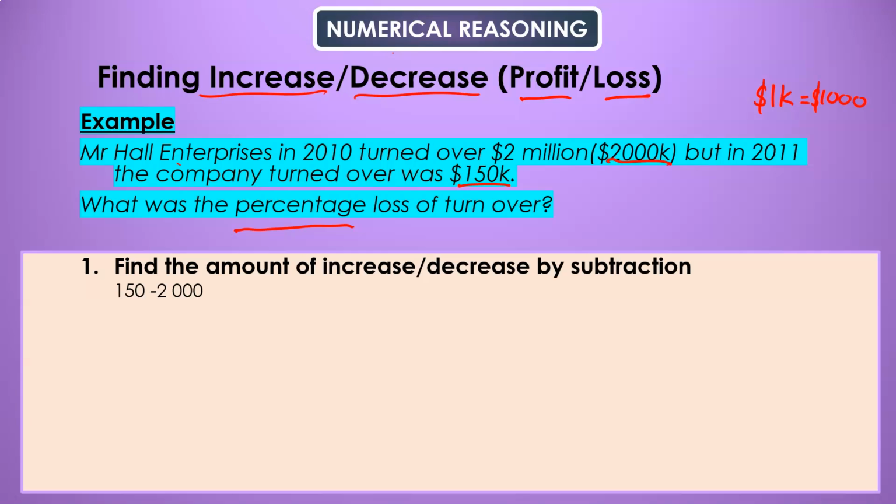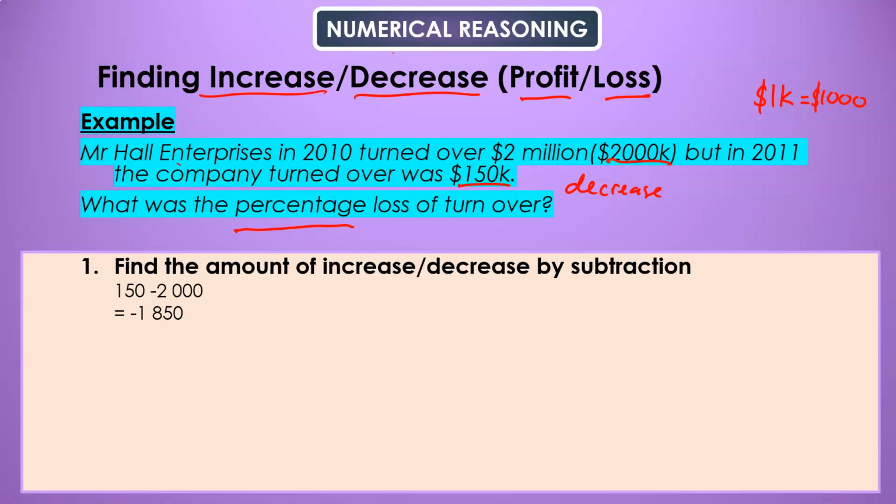So it makes sense to put it this way around, and we end up with a decrease of 1,850. If I happen to have done it the other way around, 2,000 take away 150, I'd end up with a positive answer, but that's not a problem because I still look at the question and say it must be a decrease. So my answer must be a negative overall. So I can just change that.